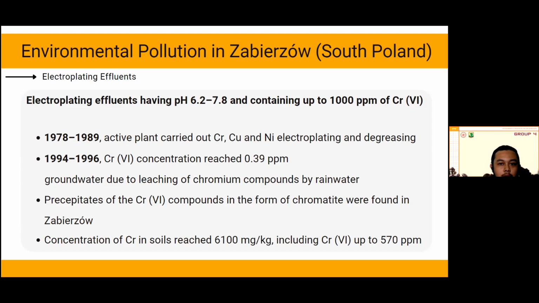In 1994 to 1996, the concentration of chromium-6 reached 0.39 ppm. The high concentration of chromium-6 was due to leaching of chromium compounds by rainwater from polluted soil. And precipitates of the chromium-6 compound in the form of chromatite were found in Zabrze. The total concentration of chromium in soil reached 6,100 milligrams per kilogram, including chromium-6 up to 570 ppm.